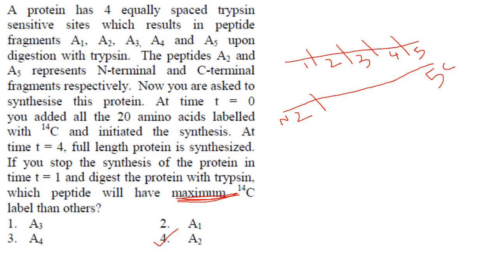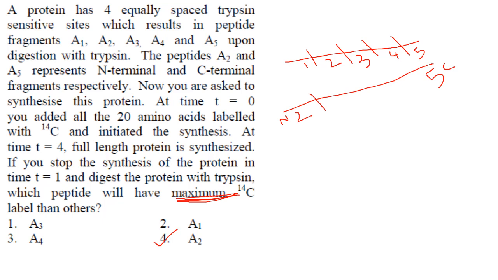I told you already, protein synthesis starts from N terminal end to C terminal end. At time t1, the N terminal end has already been synthesized. That is sure for 100% guarantee. Then you digested the protein with trypsin.